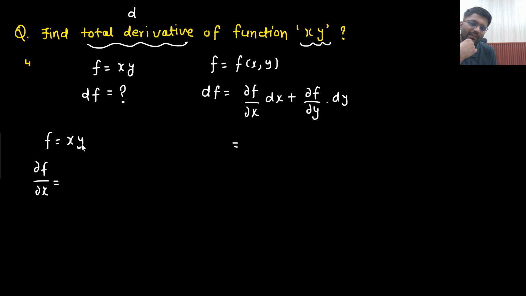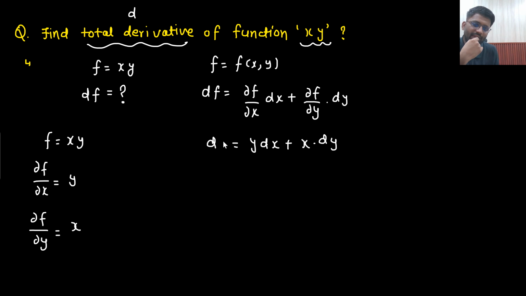Absolutely, sir. Y is a constant, differentiation of x will be 1. Can you find out del f by del y? x is constant, differentiation of y will be 1. So what is the answer you are getting here? Del f by del x is y dot dx plus del f by del y is x dot dy. So this is your df.